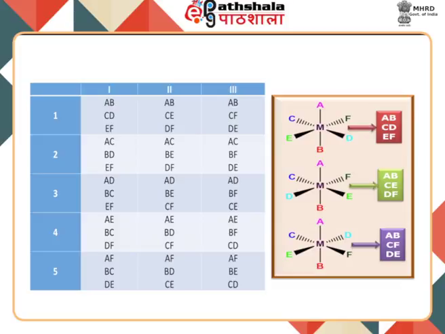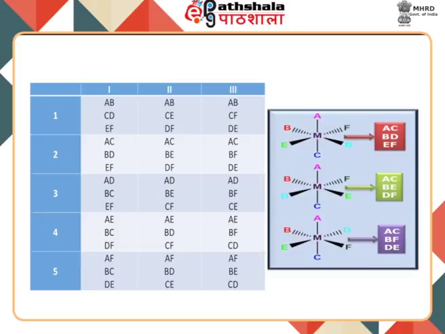The resulting pairs are listed in column 2 and column 3 of the first row. In the above steps, 3 isomers are generated that are possible when the AB trans pair is fixed and the remaining ligands are permuted on the other coordination positions.